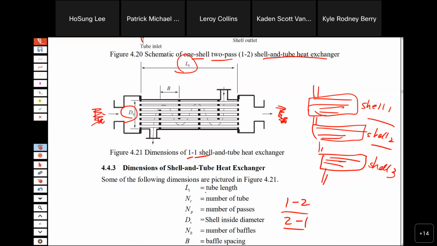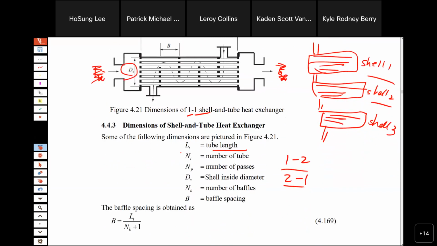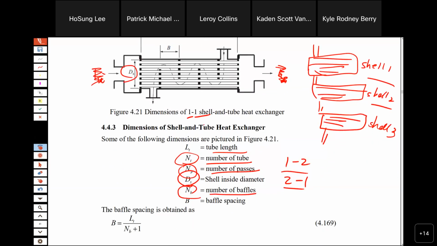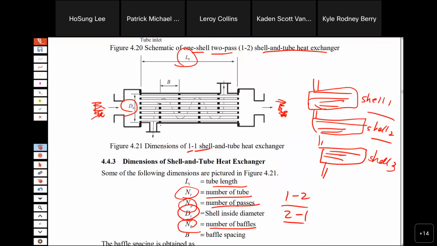So the length of tube, the number of tubes, number of passes, which could be 1 or 2, the shell inside diameter, and the number of baffles, in this case 1, 2, 3, 4 baffles. So the total length has 4 baffles, but the spaces are 1, 2, 3, 4, 5.